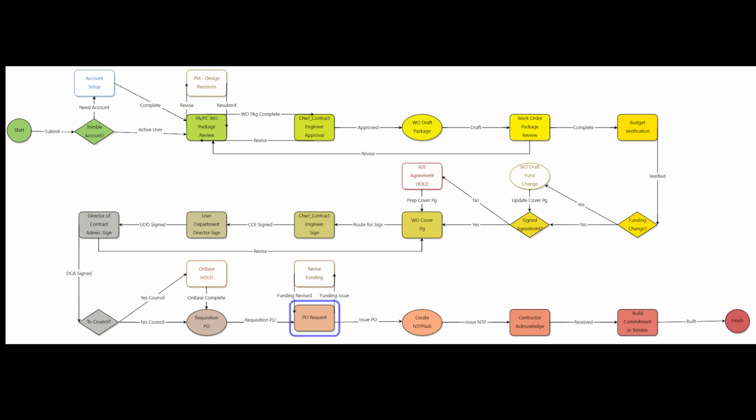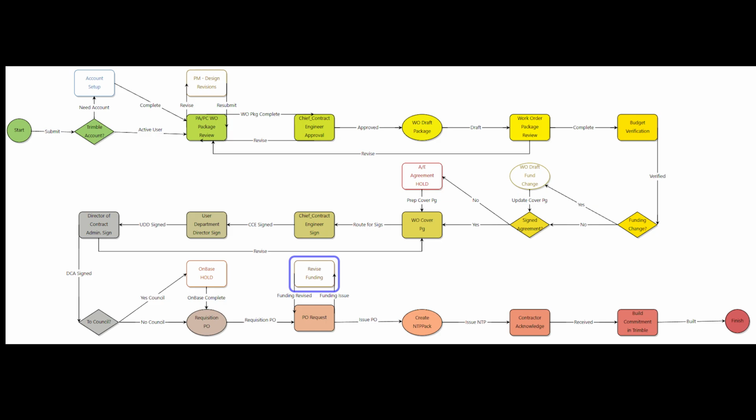The requisition will go to the Revenue and Finance Department for review and request to purchasing for the requisition of those funds. Prior to doing so, Revenue and Finance will have the opportunity to send any funding issues back to the user department's funding and budget analyst for revision and consideration.